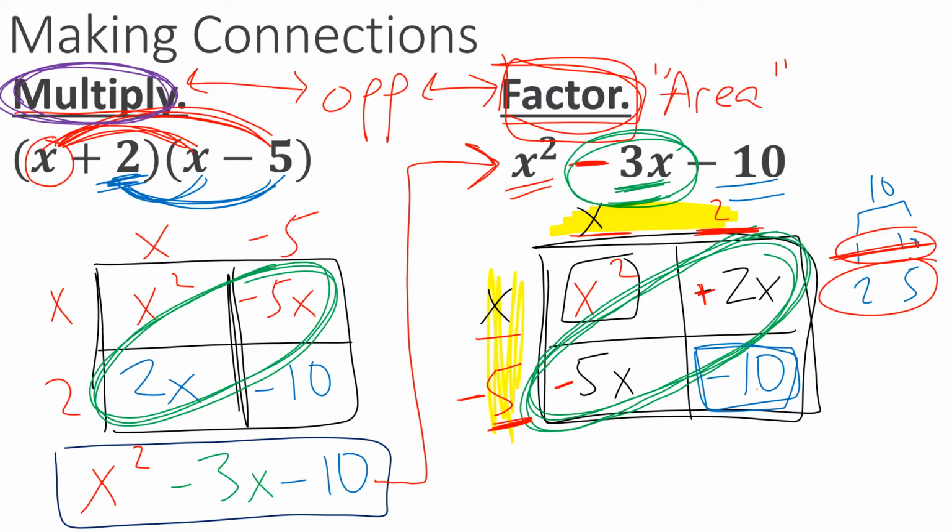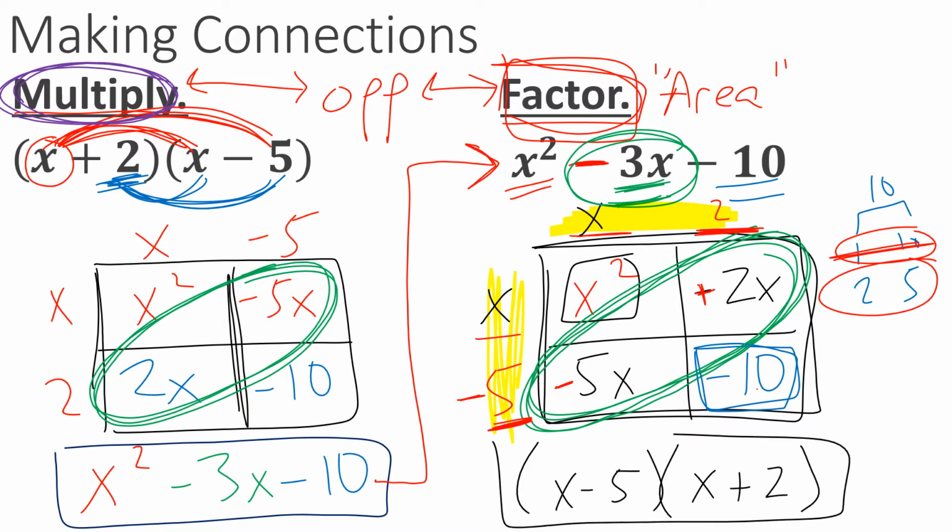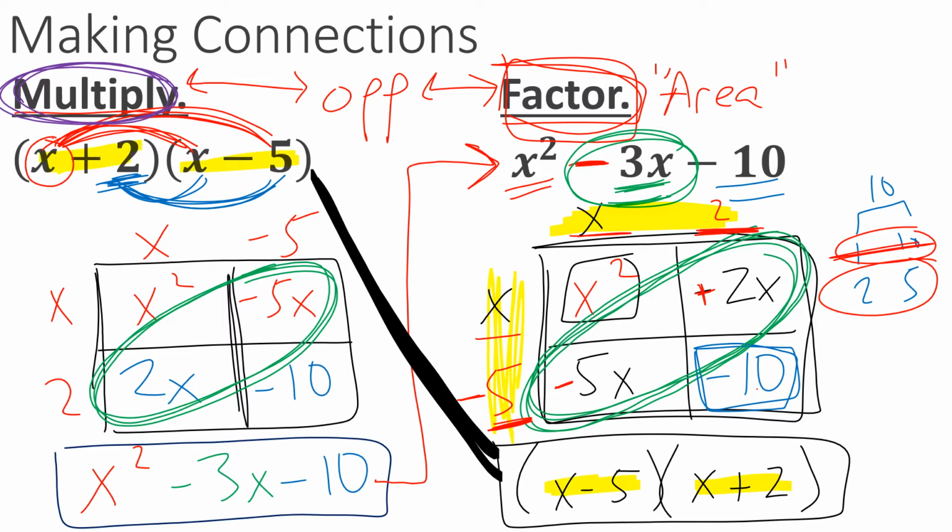So my two answers are x minus 5 and x plus 2. Once again, you might notice those are not in the same order, but they're the same two factors: x plus 2 and x minus 5.